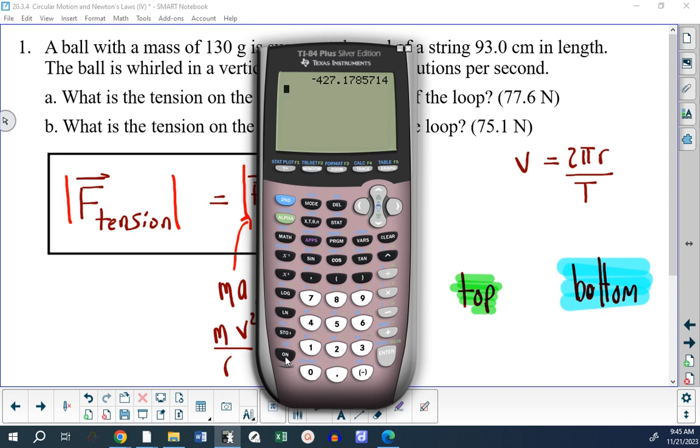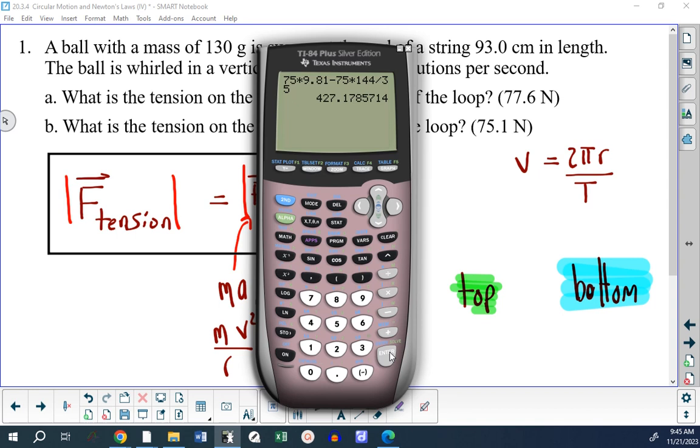I had one more thing I was going to say to you. Let's say we did it the proper way, okay? We took the mass times 9.81, and we subtracted the mass times v squared divided by r. I think I've got all those numbers right. So let's say we do it the proper way, and you subtract it the way it should be subtracted. This is more elective material, which means you don't need to know this.